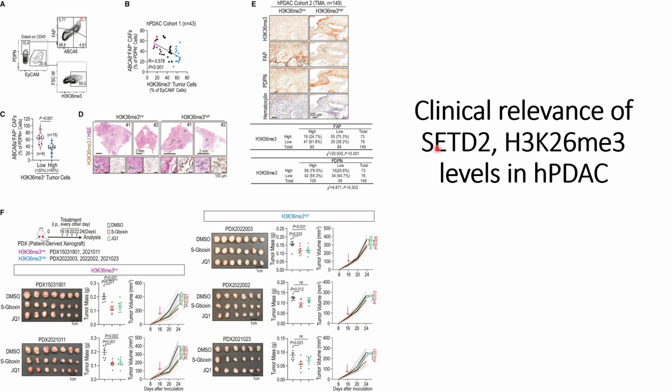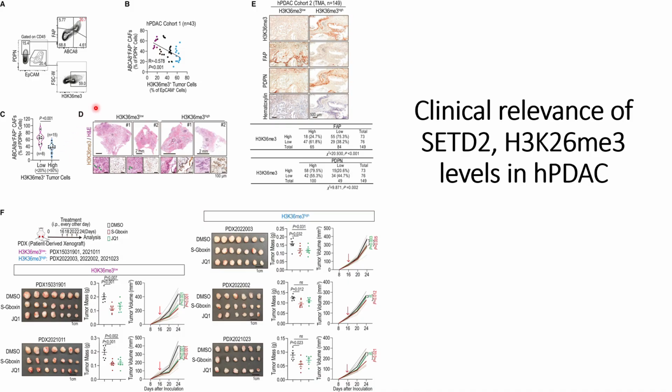So SETD2 has a negative relationship with the lipid laden cells, and the quantifications are also shown in panel C, where we can clearly see that lipid rich cells are high when H3K36me3 plus positive tumor cells are low, meaning less than 20%. The reverse is also true: lipid rich cells are lower when the H3K36me3 plus positive cells are high, greater than 50%.